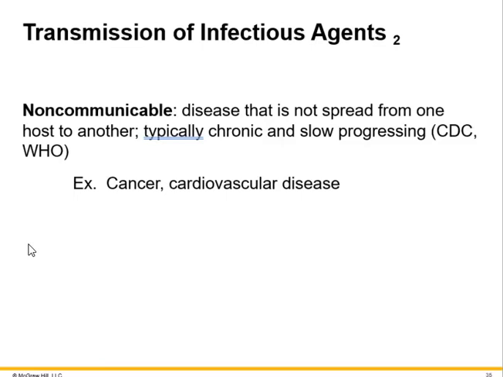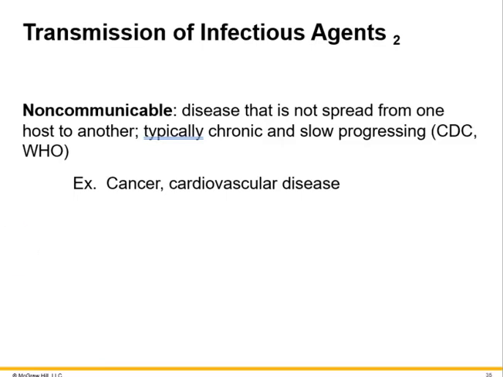So cancer is non-communicable. Cardiovascular diseases are non-communicable. So like heart attacks and strokes are non-communicable. Asthma, diabetes are non-communicable. Okay, so those are how we define what's going on.